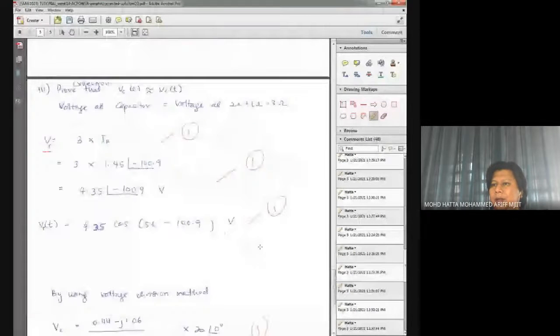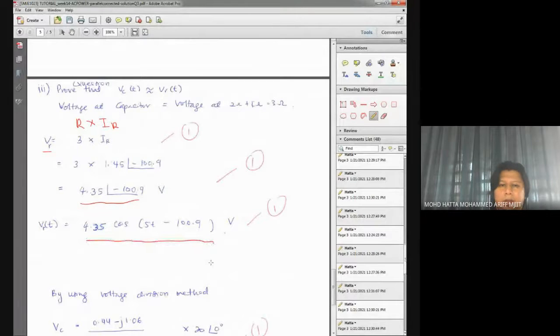We have VR equal to this value, where to get this value, we need to multiply R times IR. Okay, and we can also write down the VR of t in sinusoid form. Since if you look at the question, you might find that we need the value of VR in sinusoid form, because we have VR of t in the question.